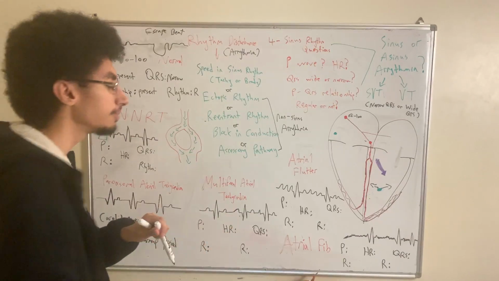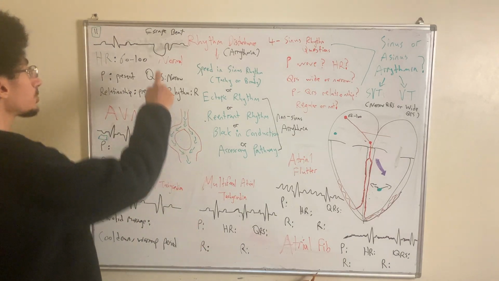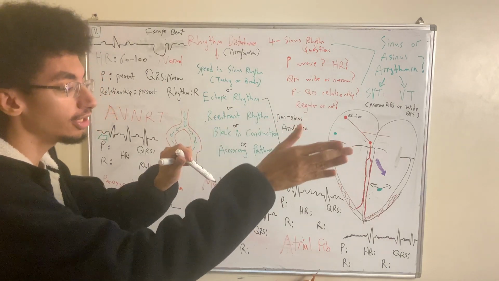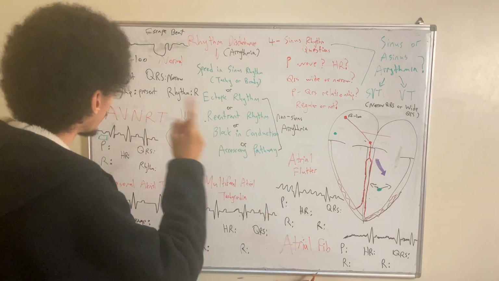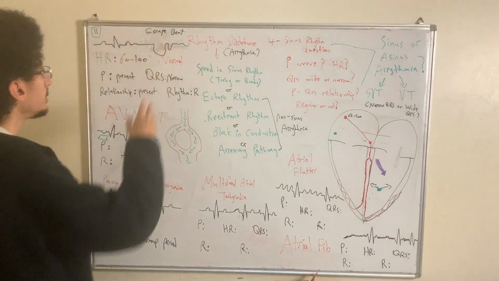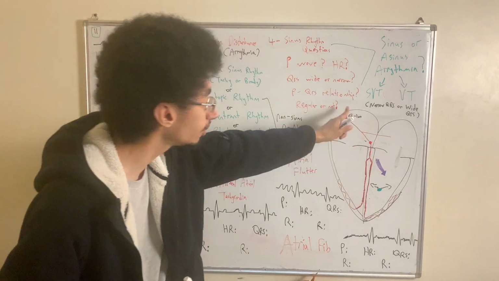They take a lot of time to depolarize the ventricles at 30 to 45 beats per minute. So you will see a QRS complex that is wide and bizarre. The duration is increased. Along with that, if you notice, there is no P wave. You will not see any P wave because this electricity doesn't come from anywhere in the atrium.